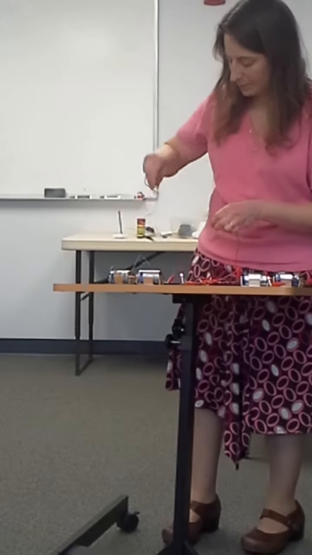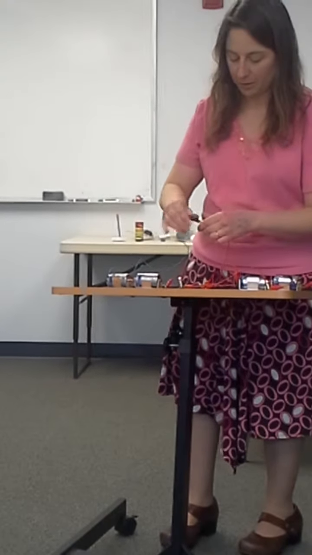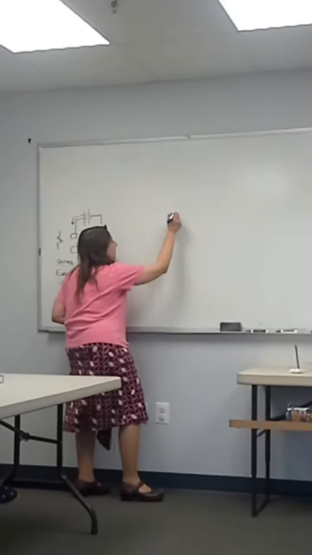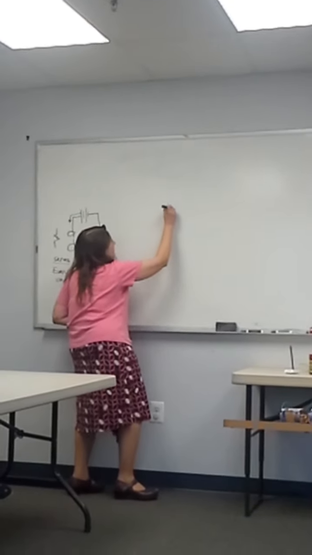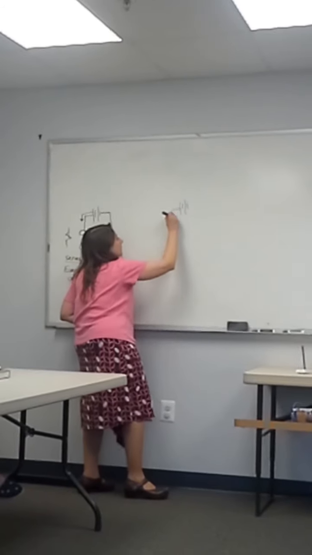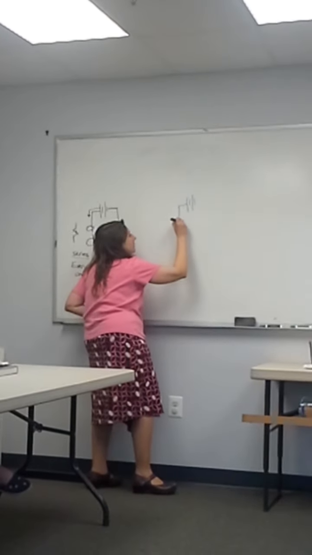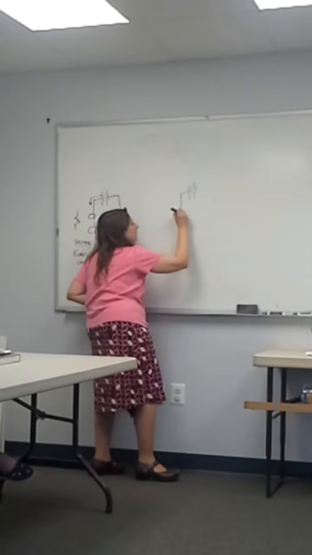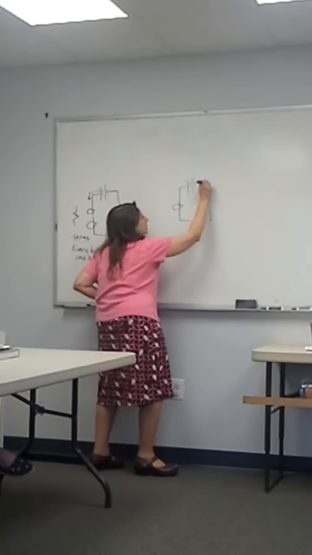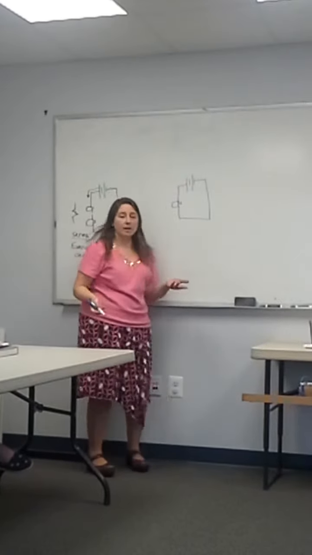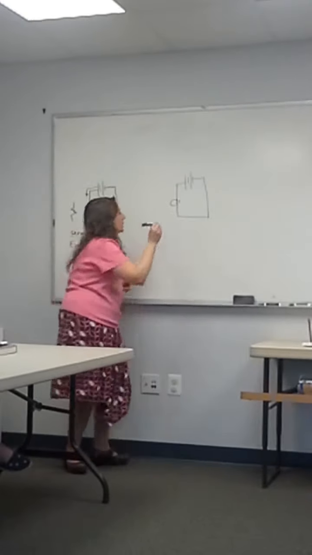I'm not going to plug it in yet, I'll draw it first. I've got, in blue, a parallel circuit. I've got my same two batteries like this, and then I'll have this light bulb here, right? And my circuit just goes around, just like I have one circuit with one light bulb on it.